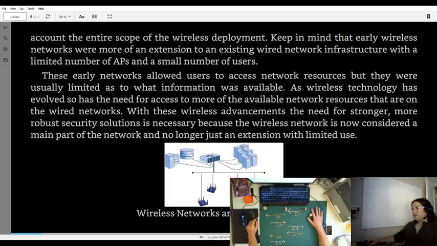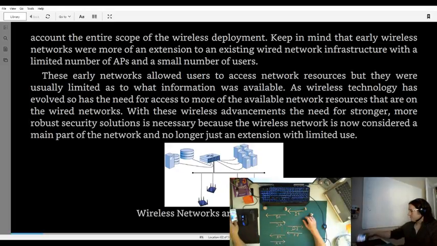These early networks allowed users to access network resources, but they were usually limited as to what information was available.